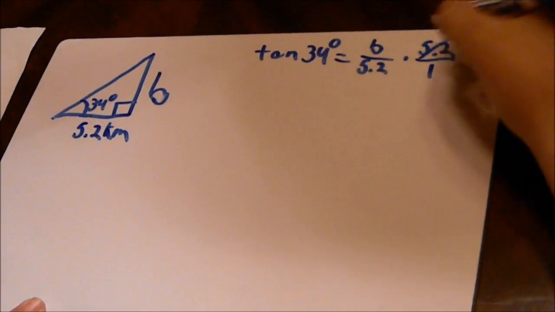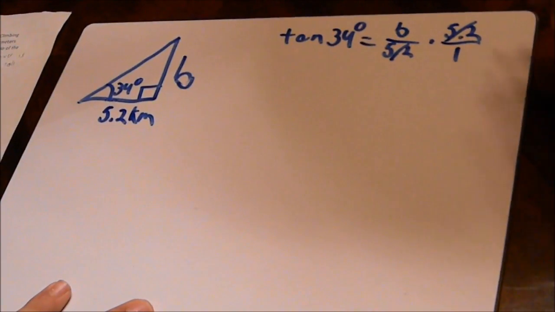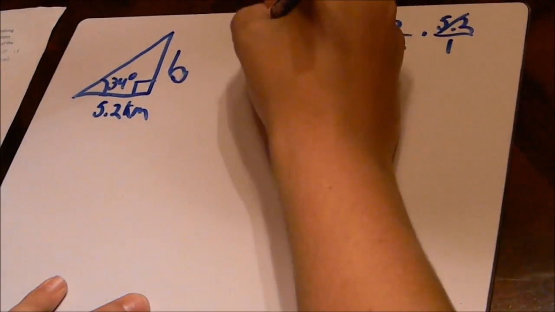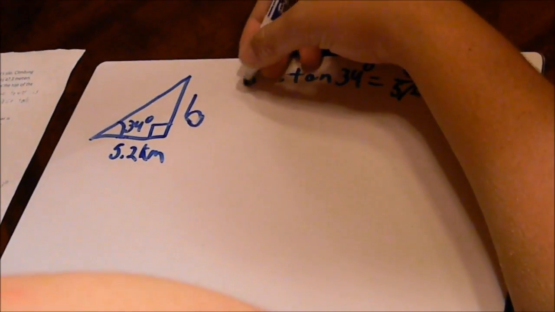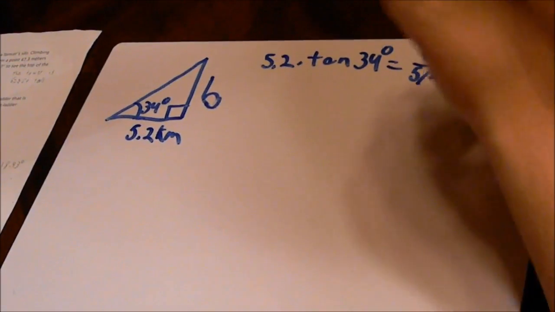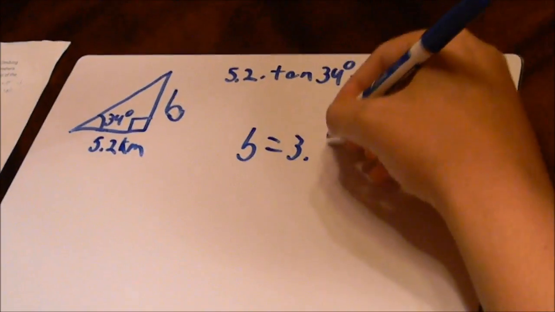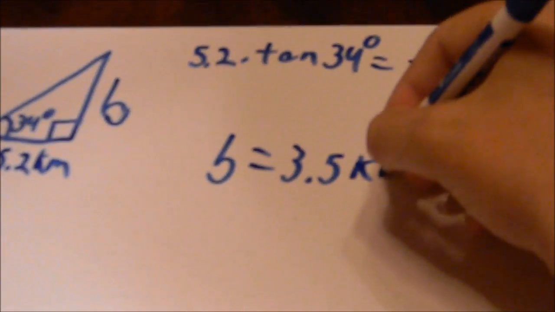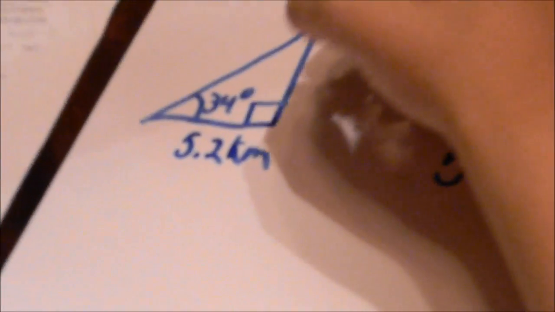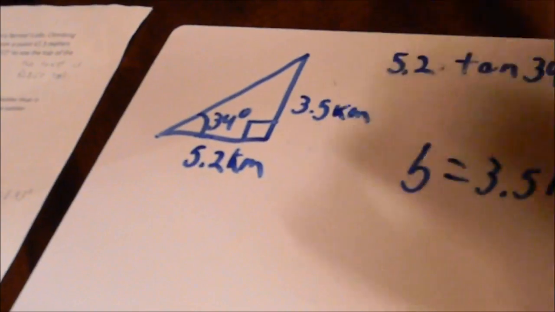And when those cancel out, you're left with B on this side, but since you multiplied by 5.2 on this side, you also have to multiply by 5.2 on that side. And when you solve that, you get that B is equal to 3.5 kilometers. So we now know that the height of the missile is 3.5 kilometers.